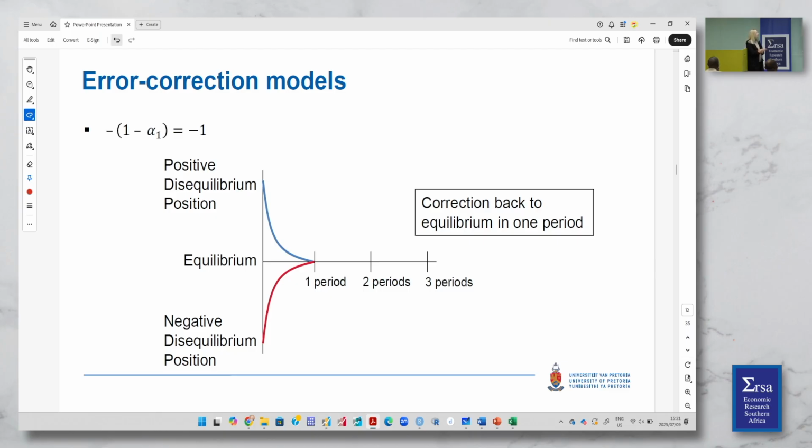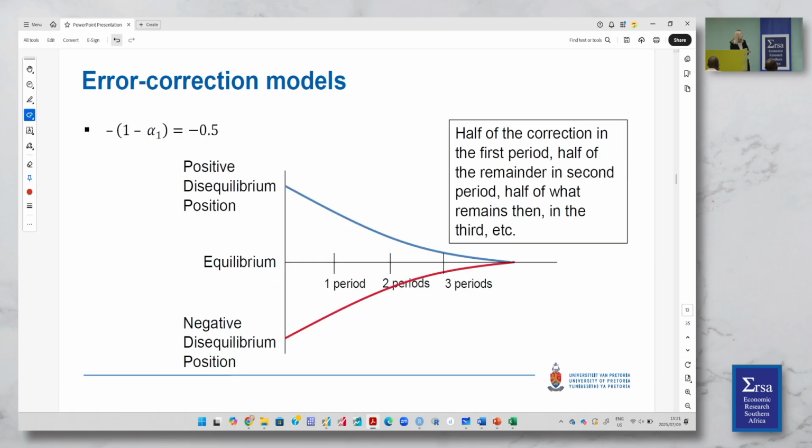How do we converge back to a position of equilibrium? So if that parameter is exactly 1, it will take 1 period. If that parameter is -1/2, what will happen is if the disequilibrium position is x, it will take, after 1 period, half of that. If it's 100 units, it's measured in the measurement of the dependent variable, 50 units will be corrected after period 1.